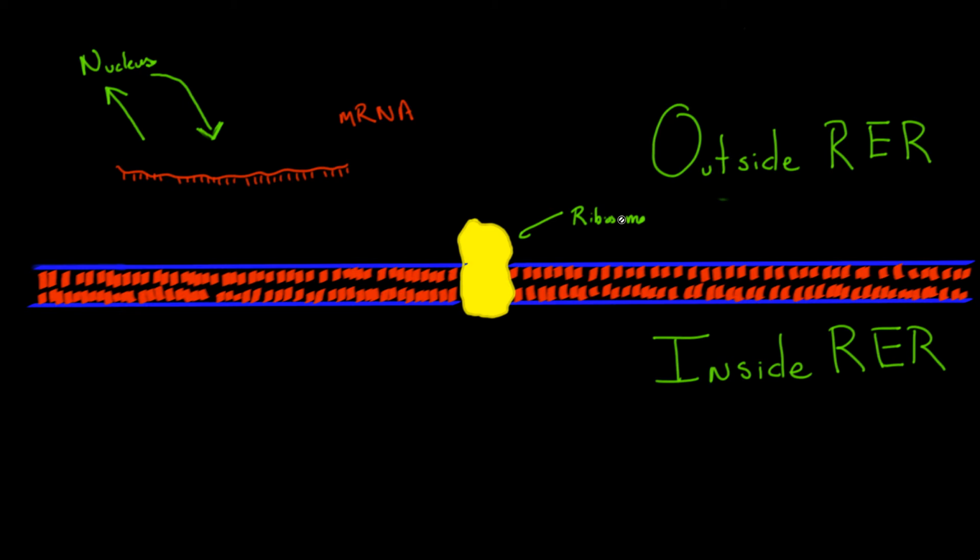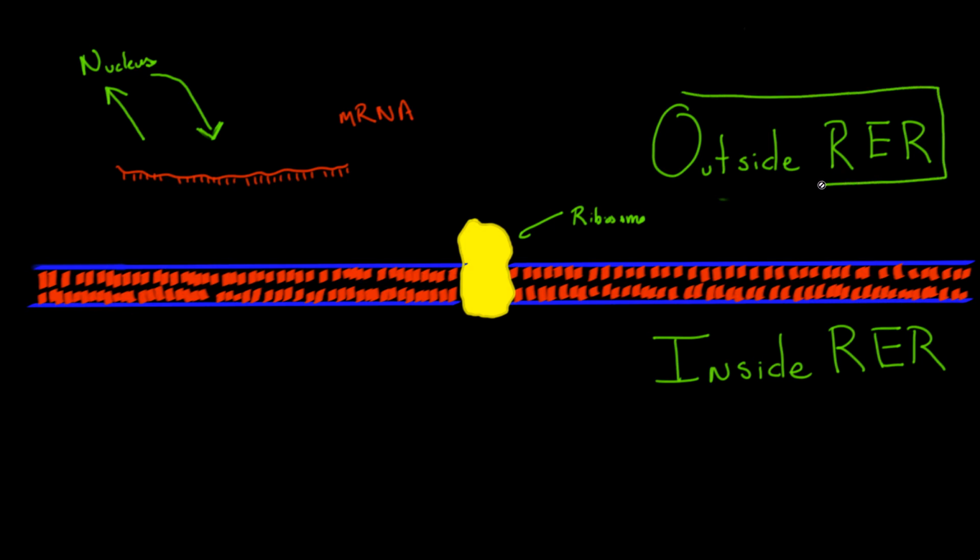Well, this mRNA is a copy of a single document or a single picture file. Now, this comes from the nucleus and goes outside of the nucleus, through those pores we talked about, to the outside of the cell, and now we are outside of the rough endoplasmic reticulum.